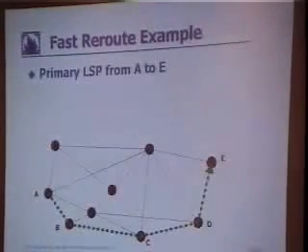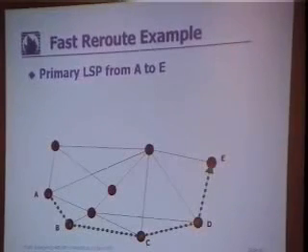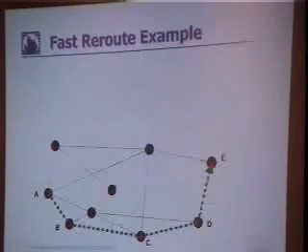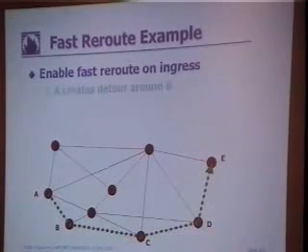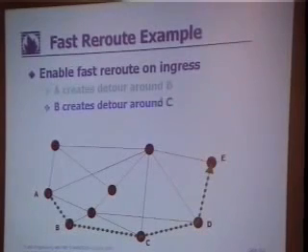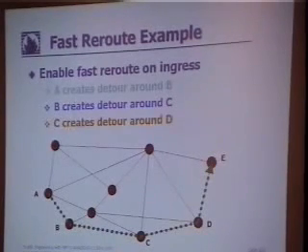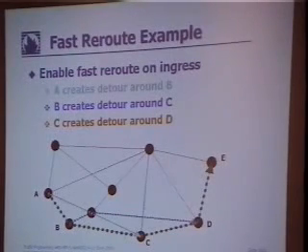So here's an example. You have this primary LSP through A, B, C, D, and E. You enable fast reroute on the ingress only, and automatically the intermediate routers will start building detour LSPs around their downstream links and nodes. If they can, you may have topology scenarios where not every downstream link and node could be protected.